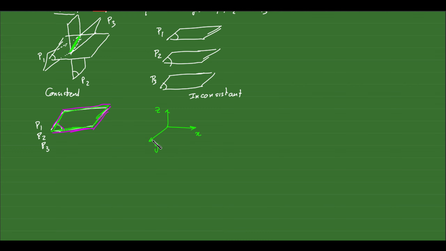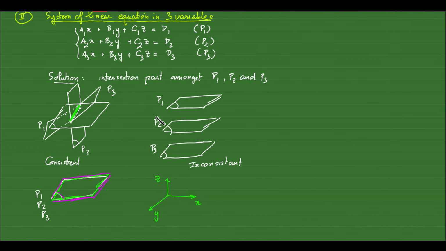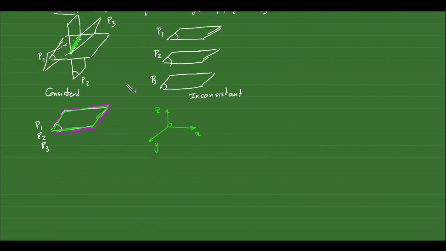That's why we have X, Y, Z. Now, on the next one, I'm going to give you an example, and let's see whether we can solve the system by either substitution or elimination.